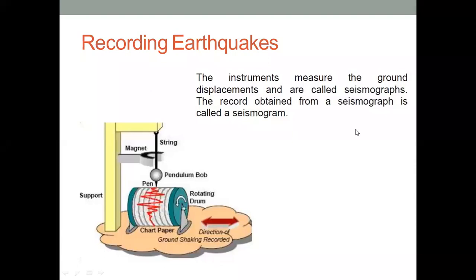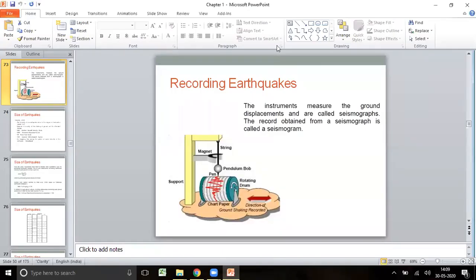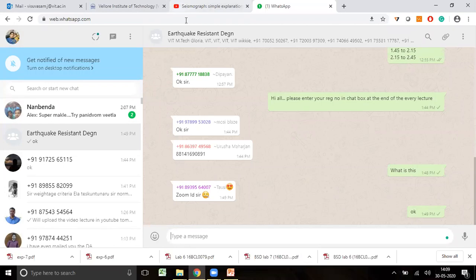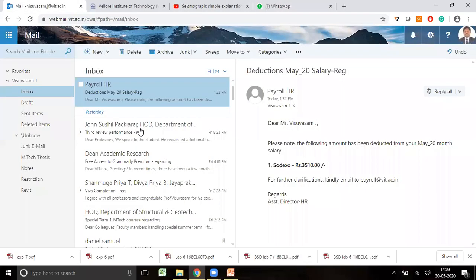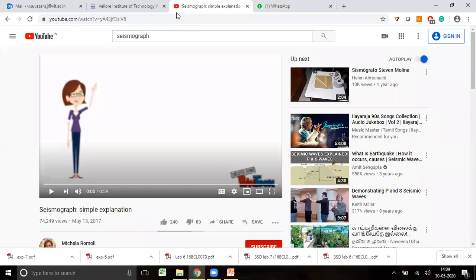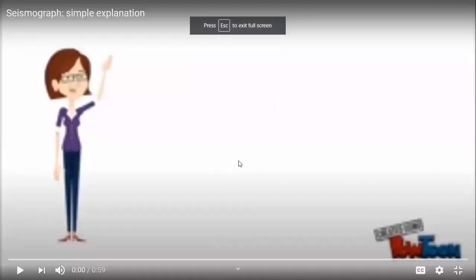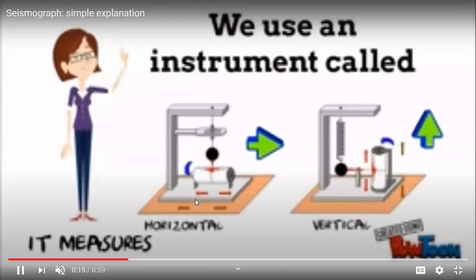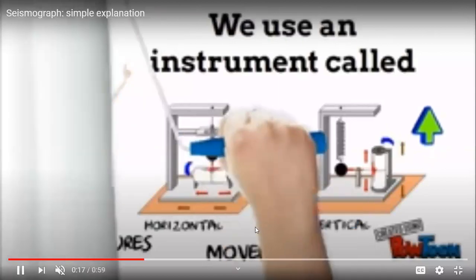You can see here, this is for horizontal.